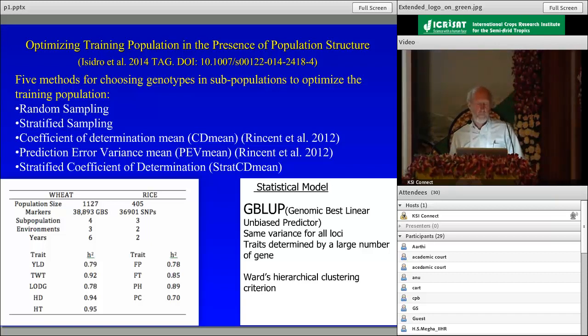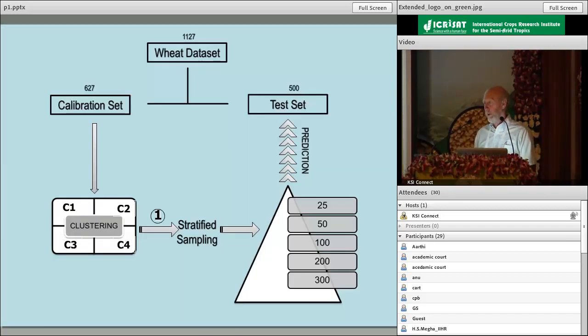In this figure, I want to illustrate how we went about sampling and evaluating the selected training populations. We start with a wheat data set, which we call the calibration set. Those are clustered and then sampled by stratified sampling.